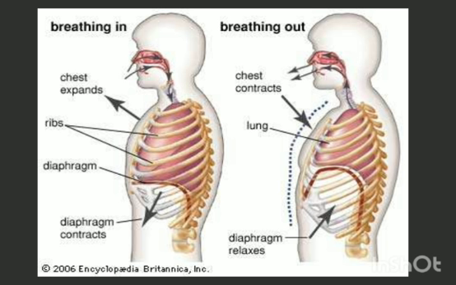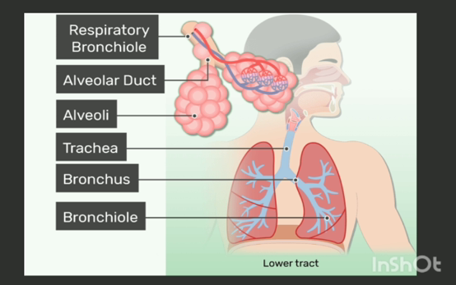The air that we breathe in passes through the nostrils. The hair and mucus present in the nostrils trap dust and germs present in the air. The air then enters a tube-like structure that is called what? That is the trachea or windpipe. The trachea divides at the lower end into narrow tubes called bronchi.